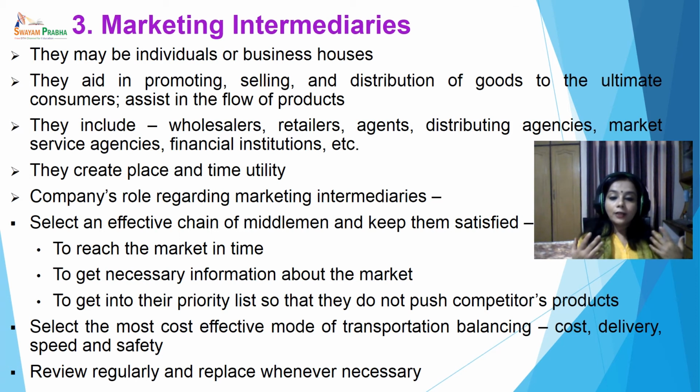They may be wholesalers, retailers, agents, distributing agents, market service agencies, financial institutions, etc. They provide credit, loans, and different types of ancillary services to the organizations so that they can market the product or sell the product to the ultimate customers.